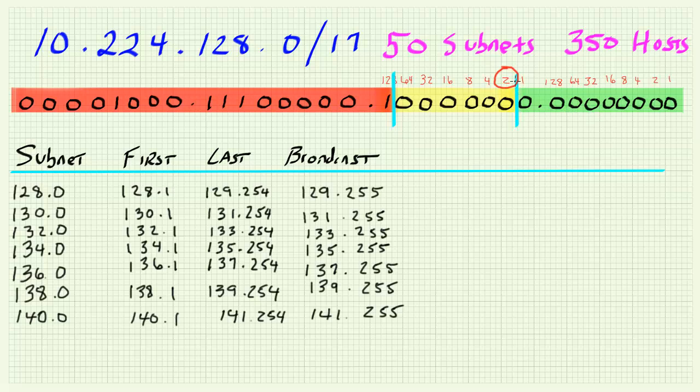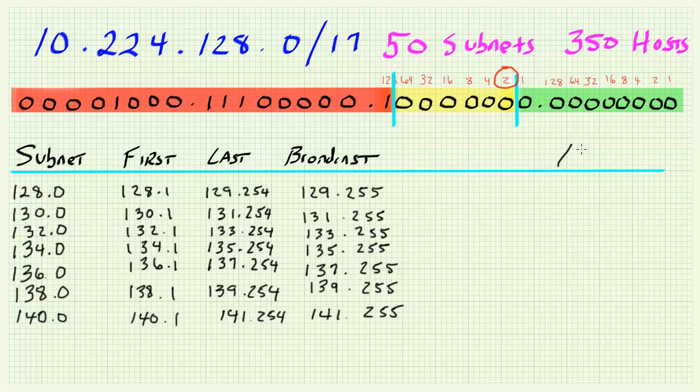So the new dividing line between subnetwork and host is going to be right here. So let's first figure out what is going to be the prefix length for these new subnets. What we were given is /17. So if we just move the line over by 1, 2, 3, 4, 5, 6 subnetting bits, what's that going to be?